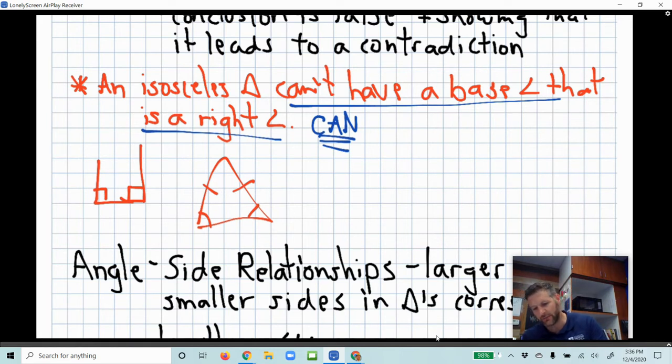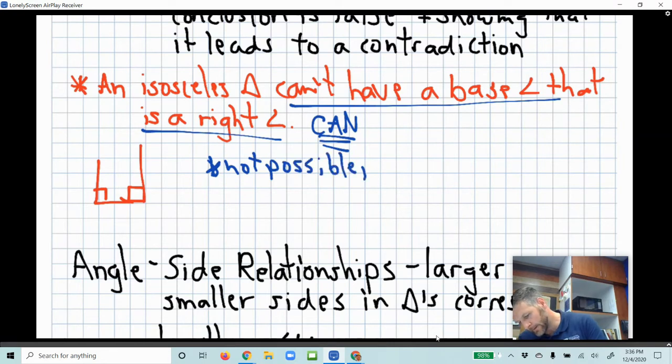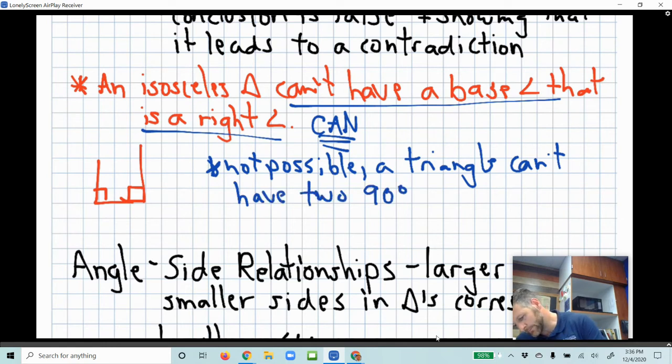That's what you have to explain in your indirect proof. Once you state the opposite of what you're trying to prove, you'd have to say, not possible. A triangle can't have two 90-degree angles.